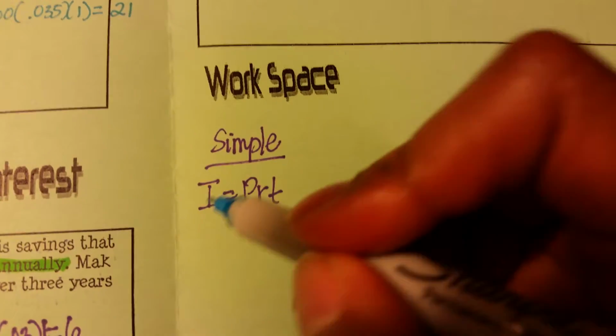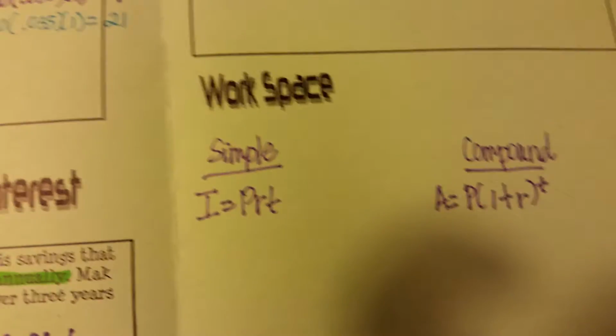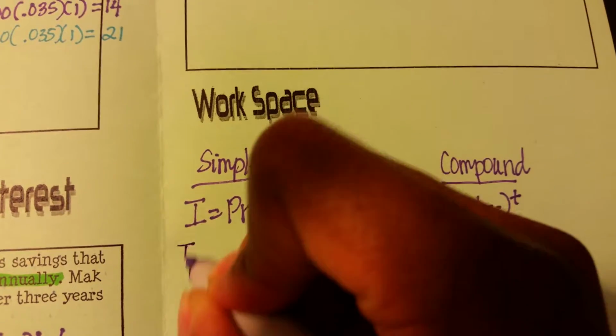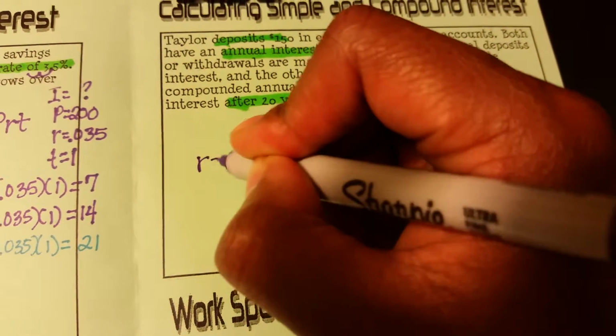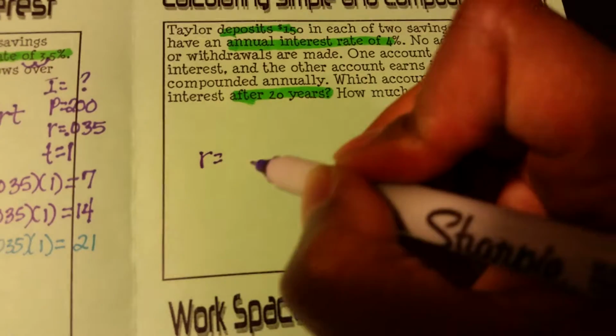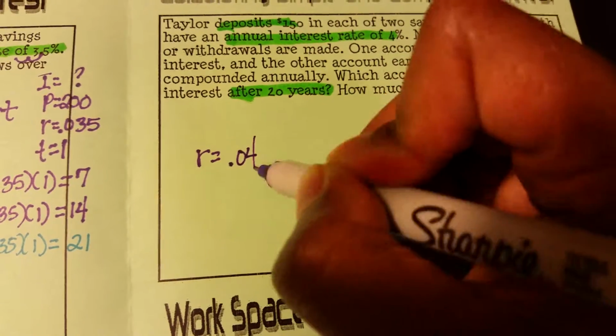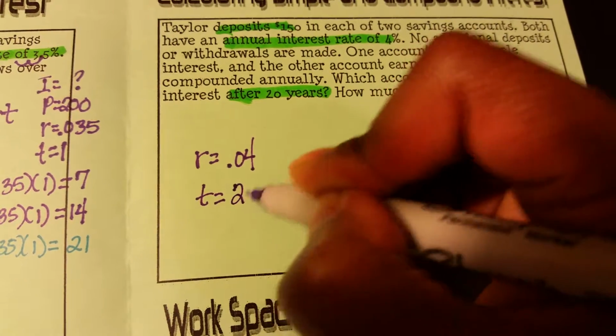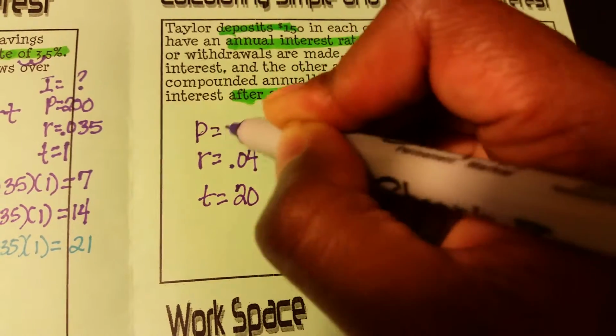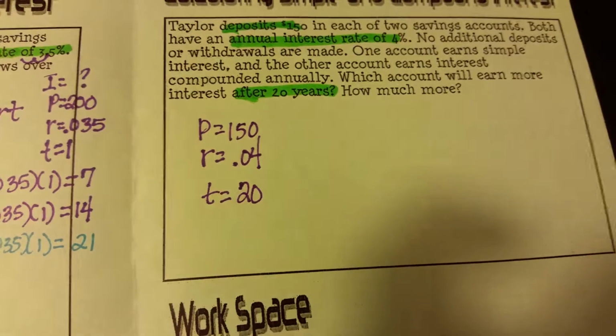Okay, so I equals $150. Okay, my rate would be 0.04. And my time would be 20. Let's go ahead and put the principal here. 150. Okay.